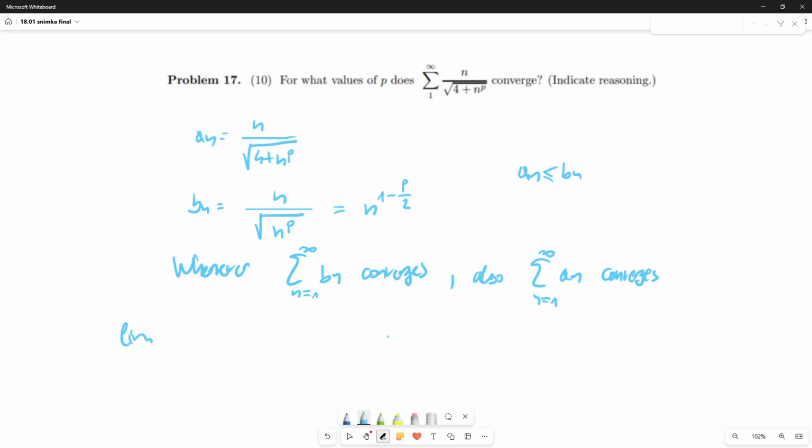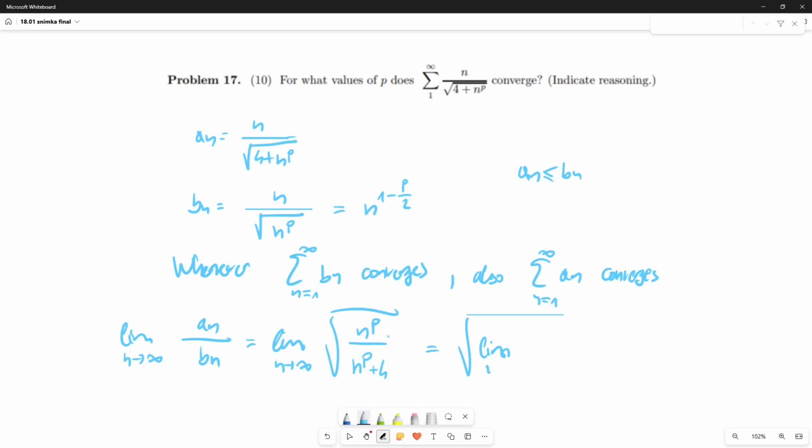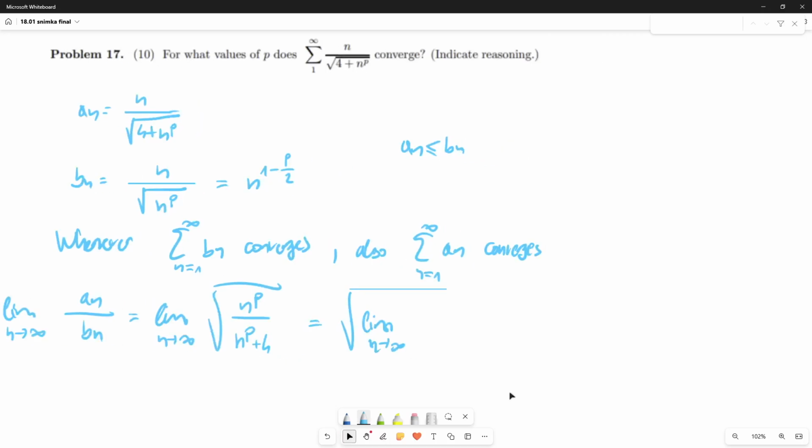Let's take a look at the limit as n goes to infinity of the nth term of the first series over the nth term of the second series. n and n cancel out, and what remains is n to the power of p over n to the power of p plus 4, under the square root. We can take out the square root and place the limit within it, as we can do with any continuous function.